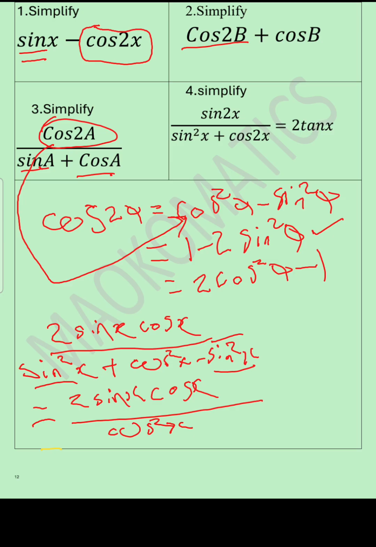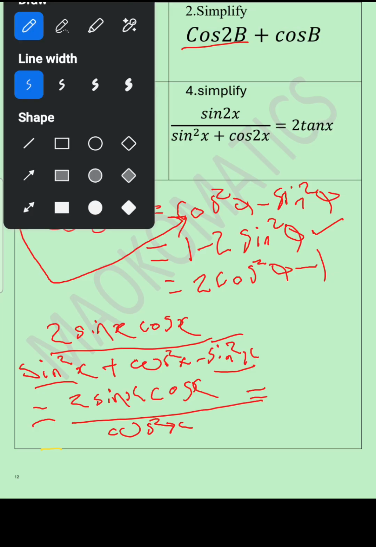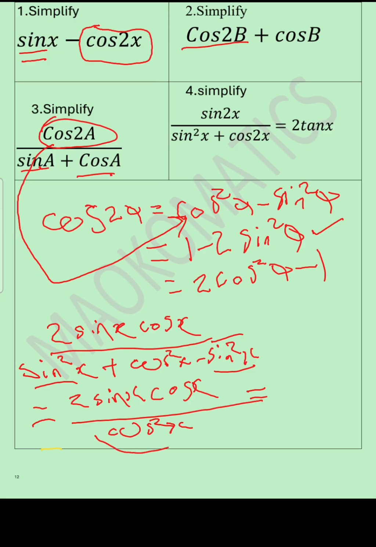Now one cos will cancel with the other cos there. So this is what I am saying: cos squared is the same as cos x multiplied by another cos x. So one cos x will cancel with the other cos x.